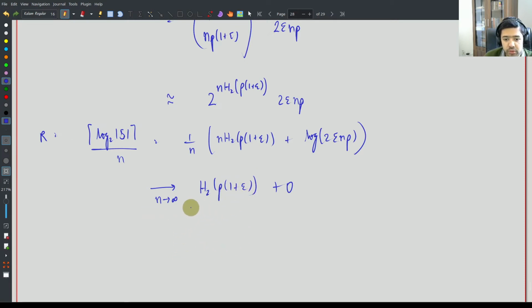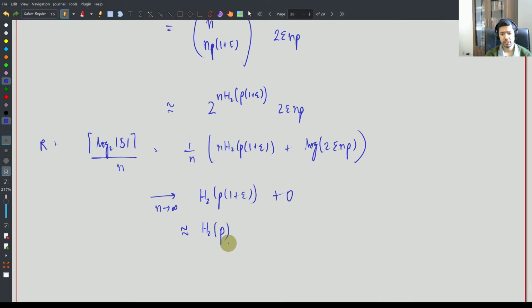Okay. So, since epsilon is very small and I can make it arbitrarily small, this is roughly equal to h2 of p. Right? So now we've designed a scheme for which the probability of error tends to 0 as n tends to infinity, and the rate tends to the binary entropy of p. So what does this tell us?